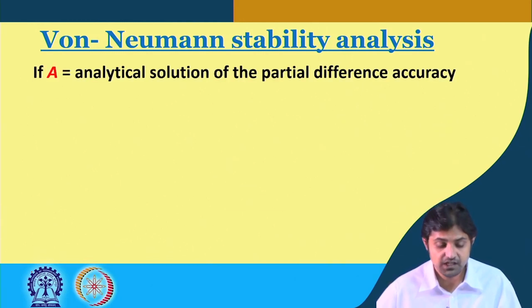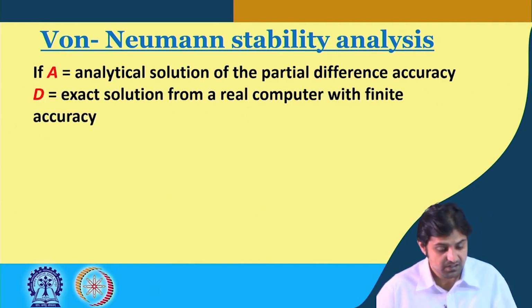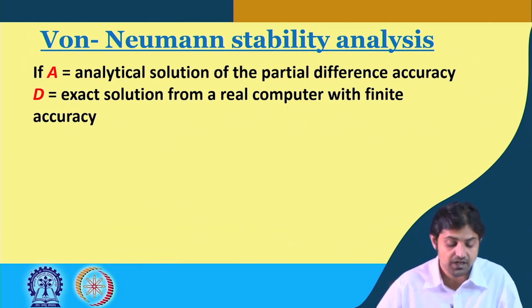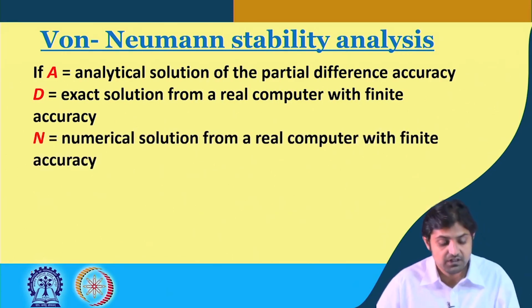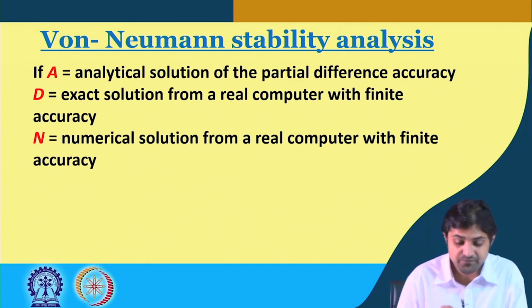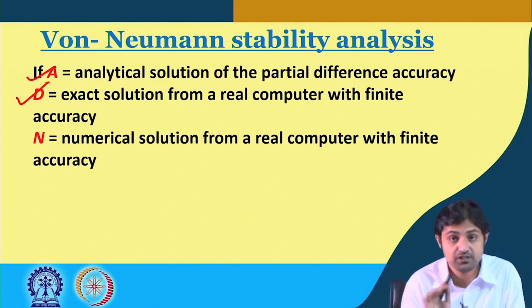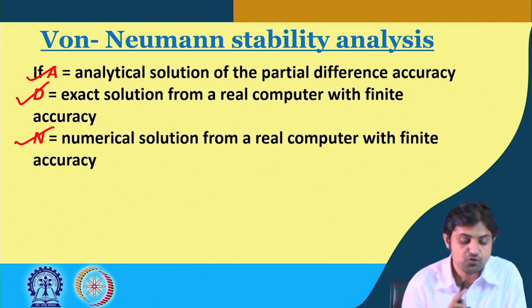Say A is the analytical solution of the partial differential equation, D is the exact solution from a real computer with finite accuracy, and N is the numerical solution from a real computer with finite accuracy. So, A is the analytical solution, D is the exact, meaning perfect, solution, and N is the numerical simulation.